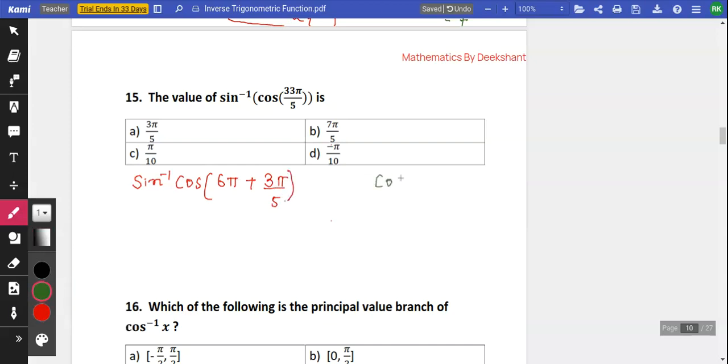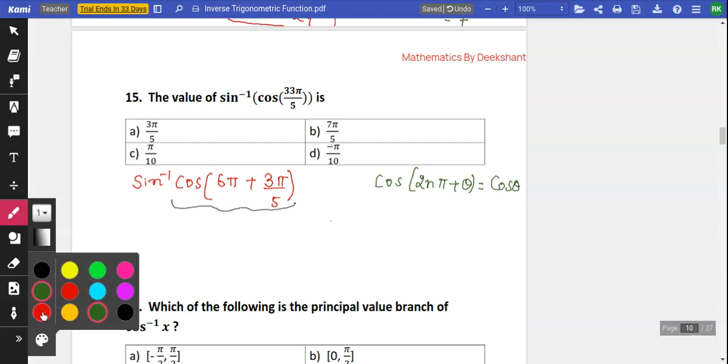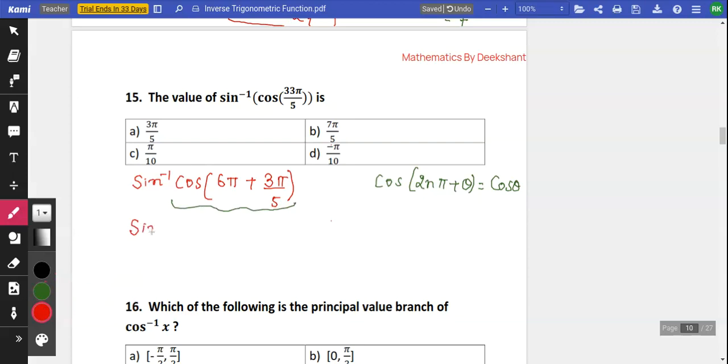Basically, formula of cos of 2n pi plus theta is equal to cos theta. Apply this formula in this portion. We get sine inverse cos 3 pi by 5.